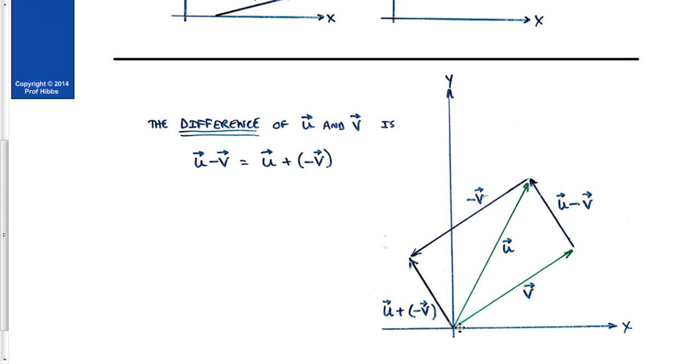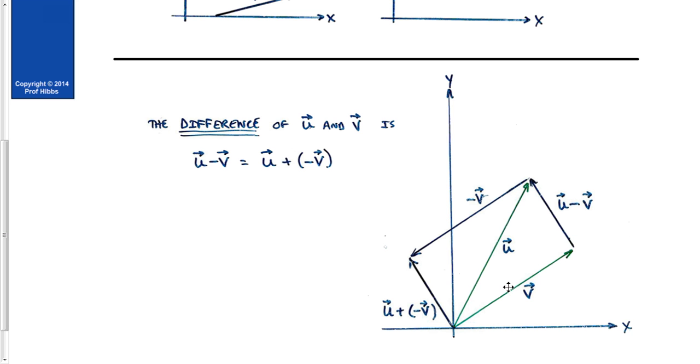So if I want to look at u minus v, here's what I do, okay? Here's u. Now, the negative of v, see, here's v right here. The negative of v would actually be a vector that starts here and goes in this direction. Here's v, negative v would start and end just oppositely.